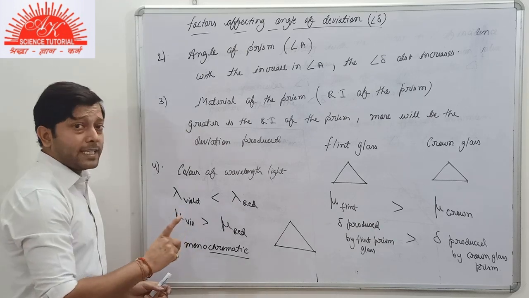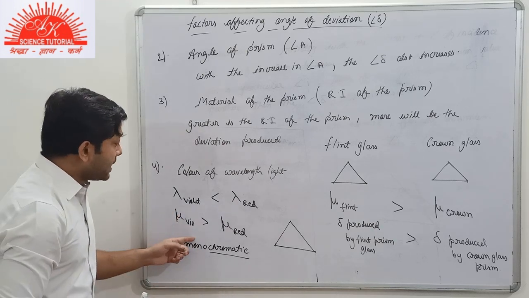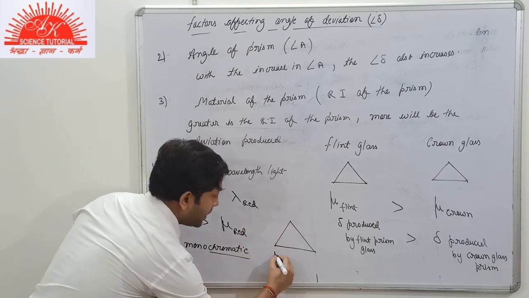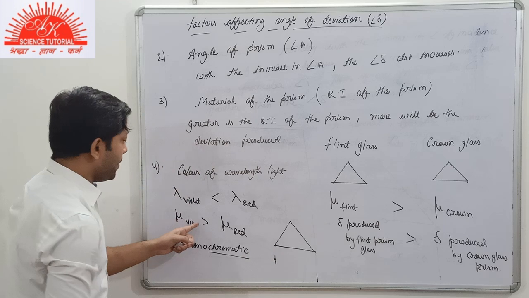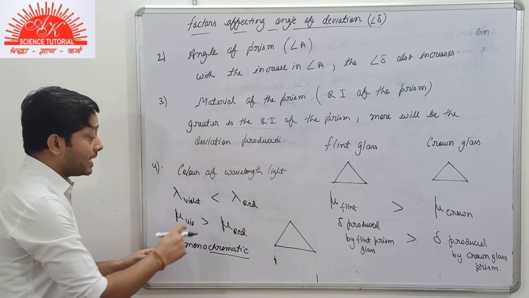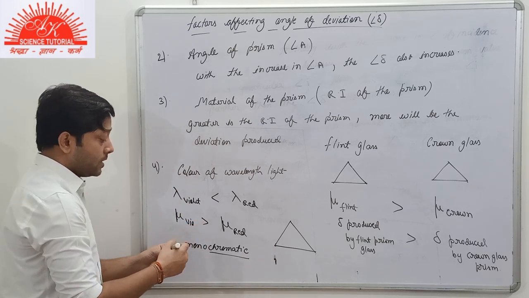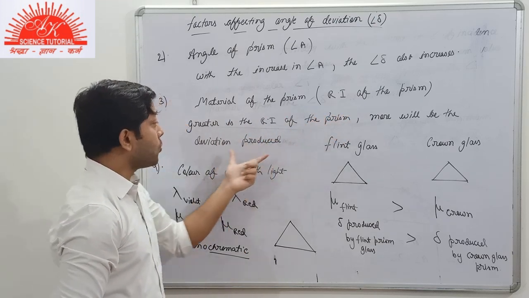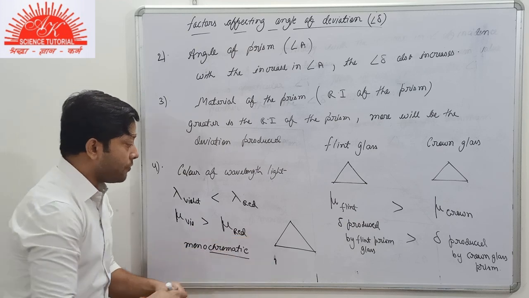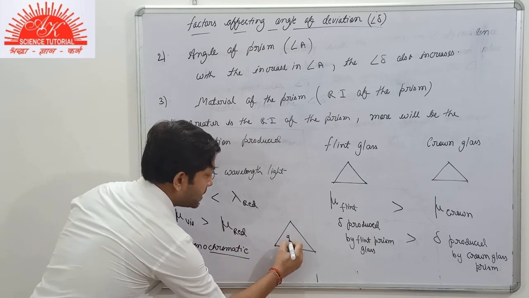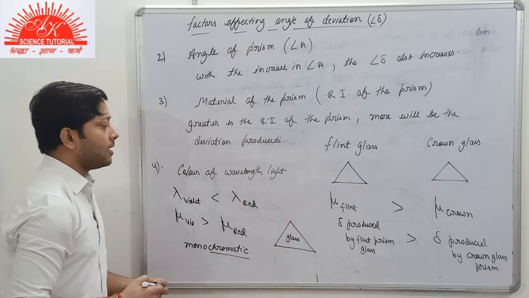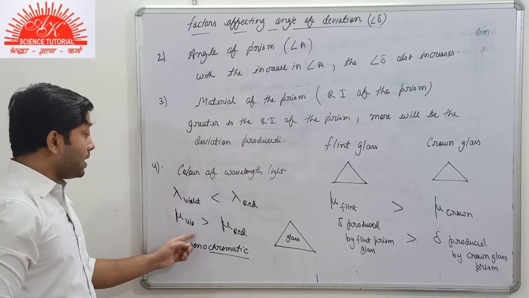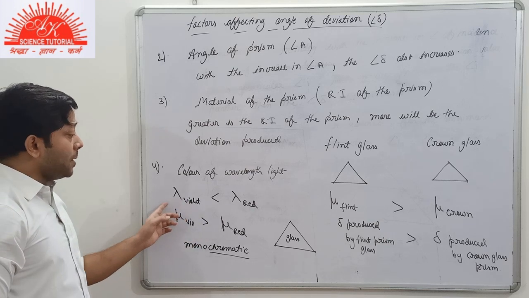Then in both the cases, what do we observe? That the refractive index of the same medium for violet color of light is maximum, it is greater. As I told you in the last factor, greater is the refractive index, more will be the deviation produced. So if we talk about this prism made up of ordinary glass, the deviation produced for the violet color of light will be maximum.